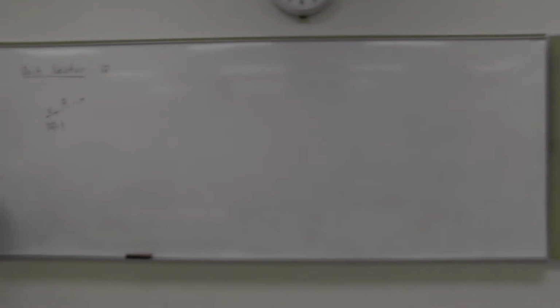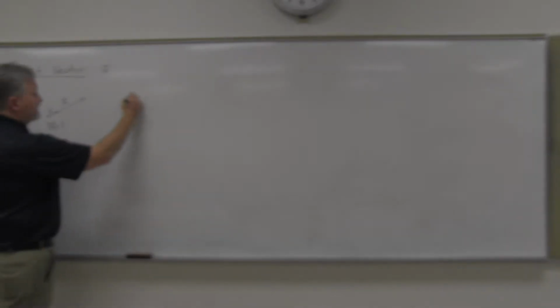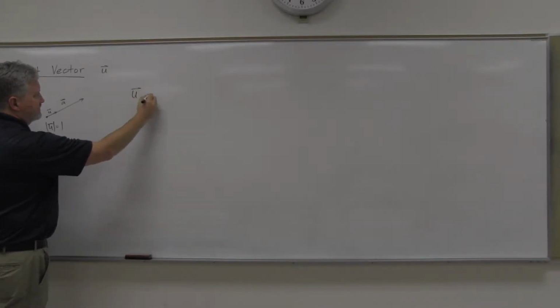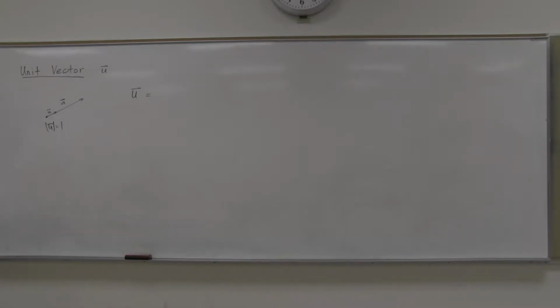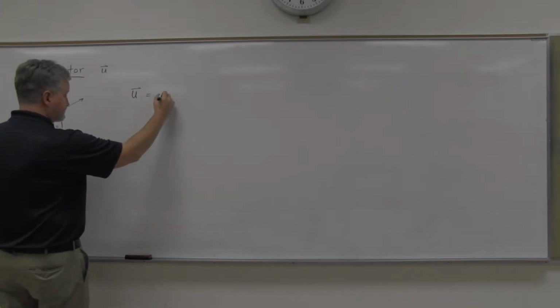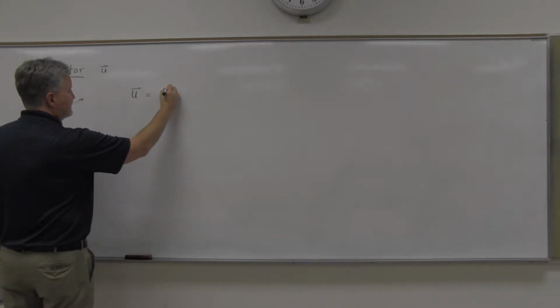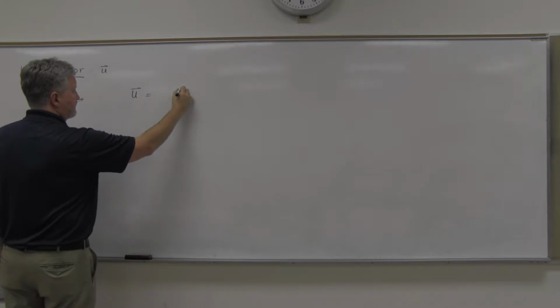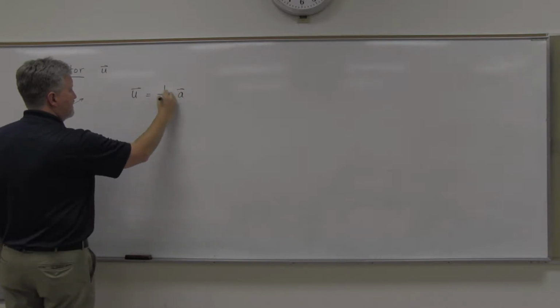Whatever the length of A is, the unit vector of A will have magnitude 1. Well, how do we get a unit vector out of A? It's just a little formula, so build your formula sheet as we go along. The unit vector is, all you have to do is take the vector and multiply it by 1 over its magnitude.